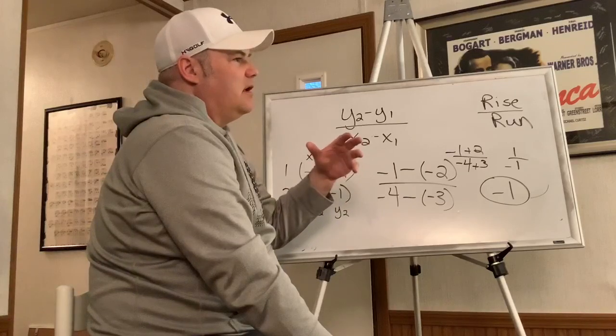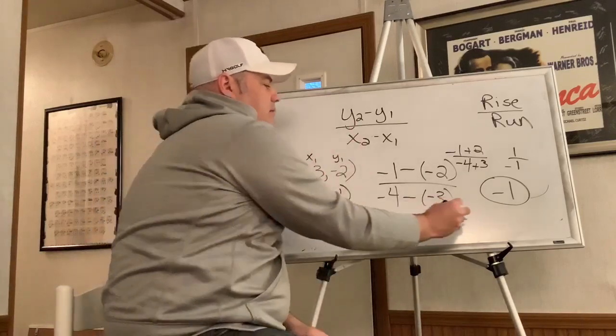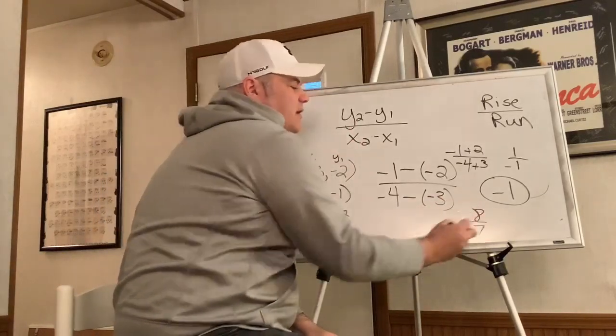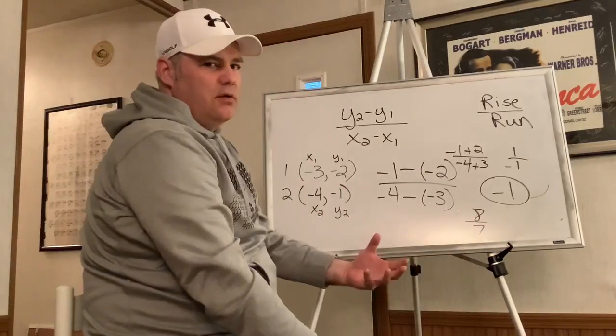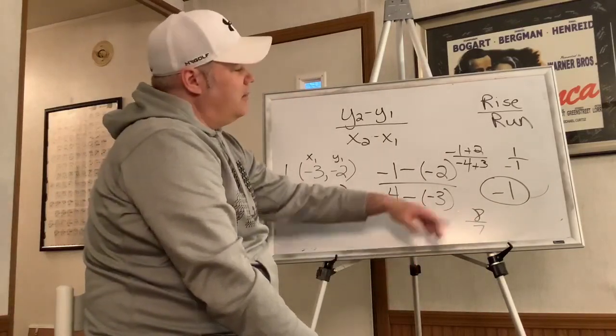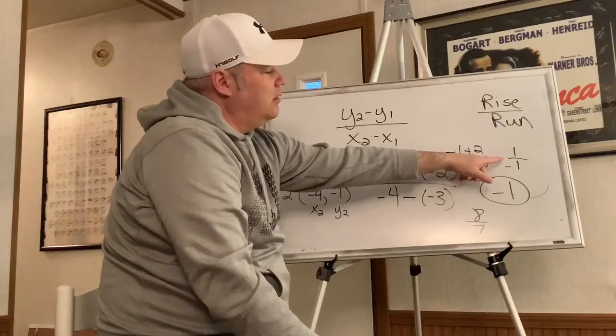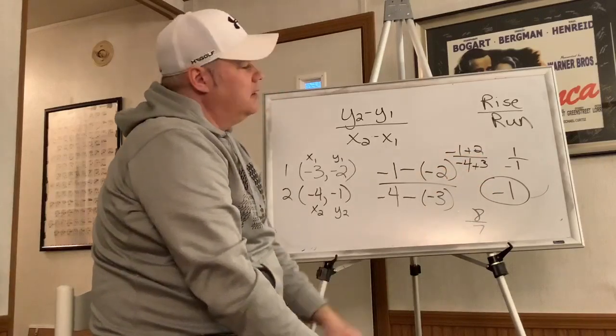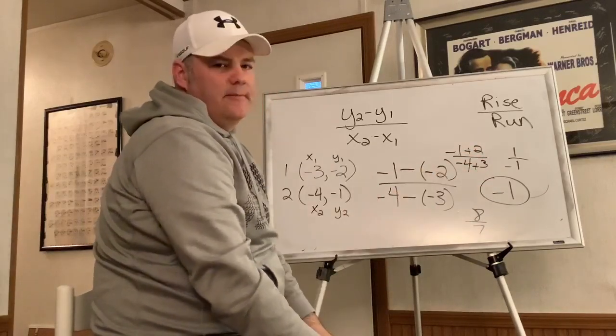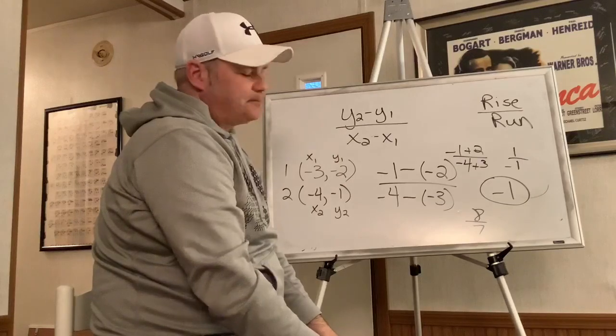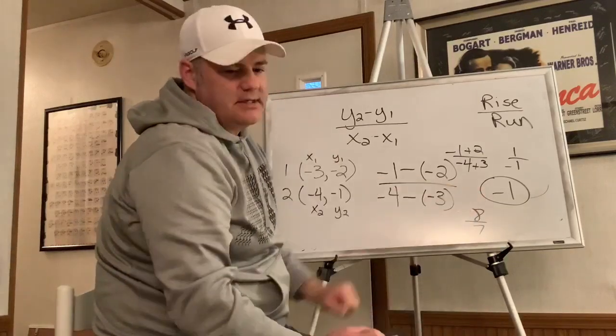And if it's something like 8/7, an improper fraction that you can't turn into a whole number, leave it improper. But if you can go ahead and make it a whole number, then you can do that. Okay, so 1 divided by -1 is -1. So my slope on that one is -1.